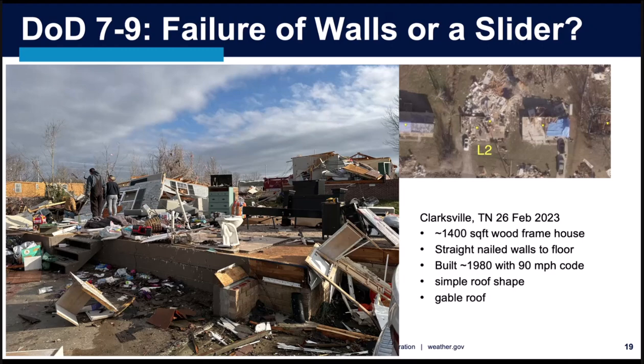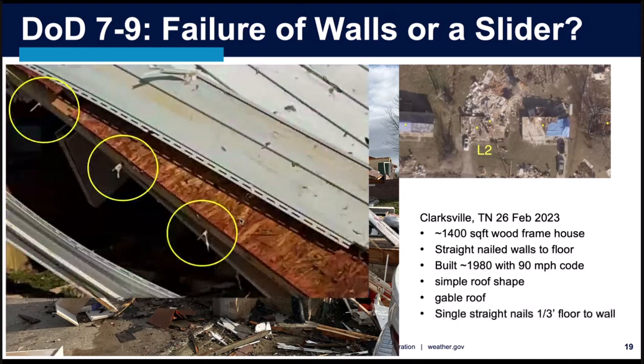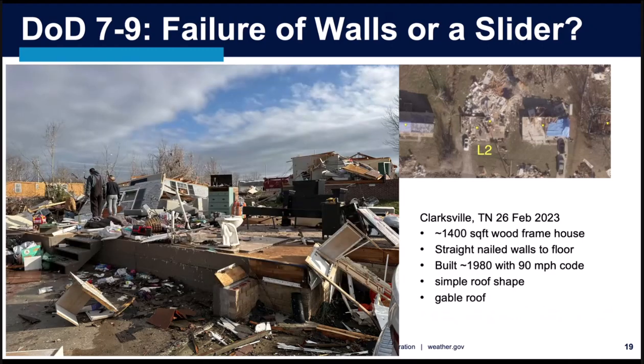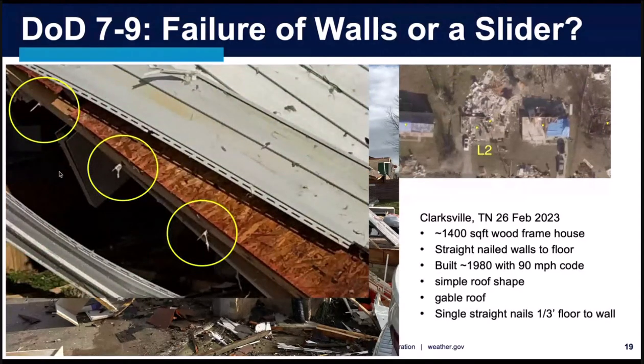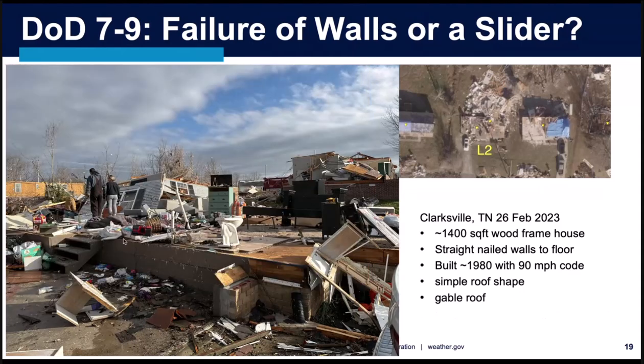You can see all walls down. In this case, you see this wall back here, it's just lying on the other end of the pad. That wall only has single nails every 3 feet, basically going into this floor diaphragm here.